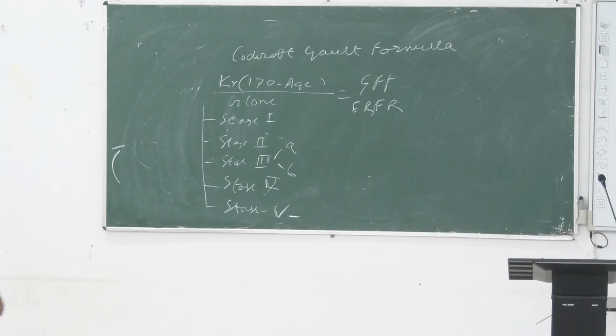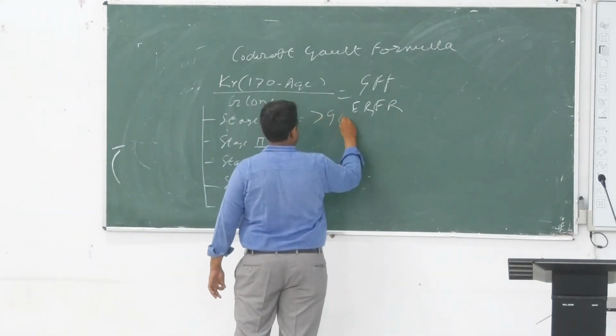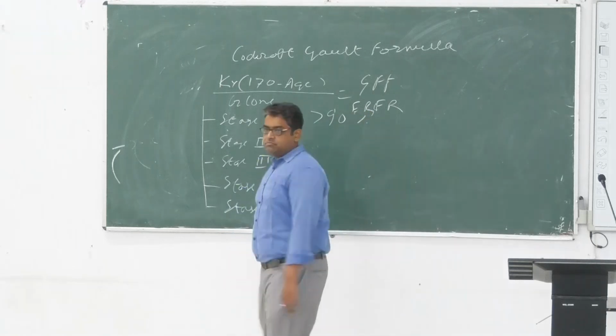Okay? So Stage 1 is greater than 90% of the normal function.